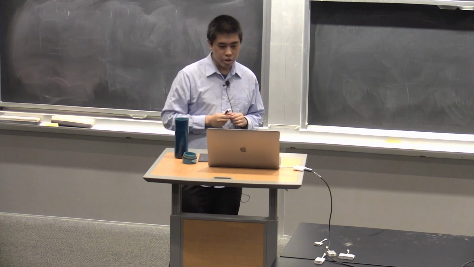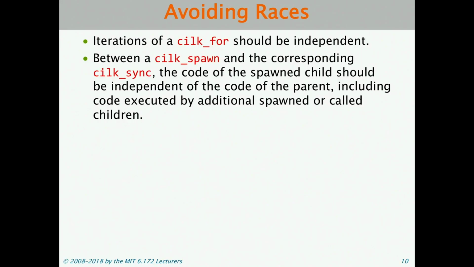Secondly, between a Cilk spawn statement and the corresponding Cilk sync, the code of the spawn child should be independent of the code of the parent. And this includes code that's executed by additional spawned or called children of the spawn child. So you should make sure there are no read or write races between them.